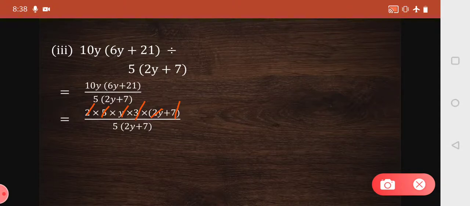So we get the factors as 2 into 5 into y into 3 into 2y plus 7, and the denominator as it is, that is 5 into 2y plus 7.